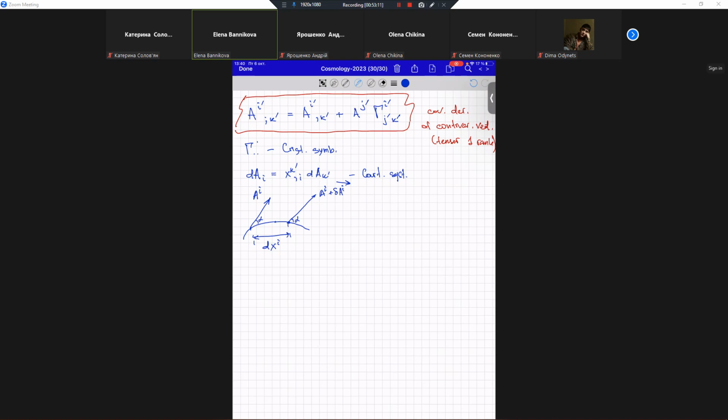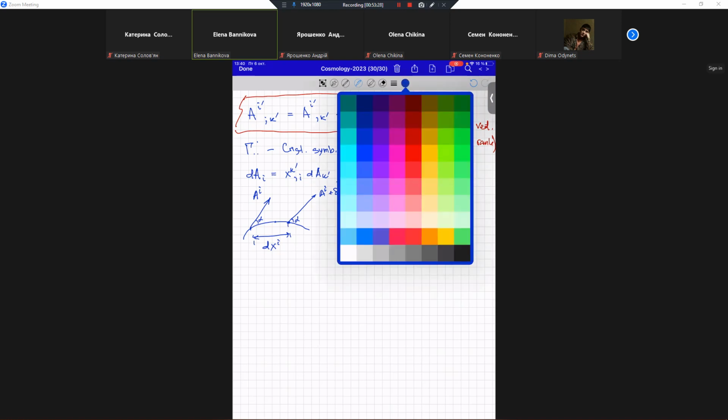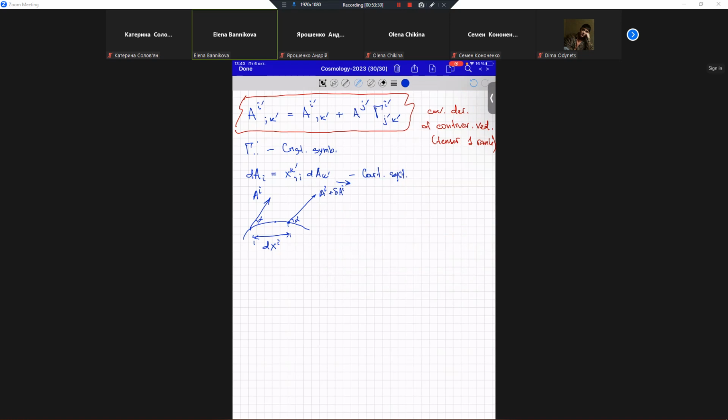But second, we just move this vector to the point which is in the vicinity of this vector. We can schematically write it like this, due to the fact that when we move through the coordinate system, which is not orthogonal, so it's curved, of course this vector will also rotate.